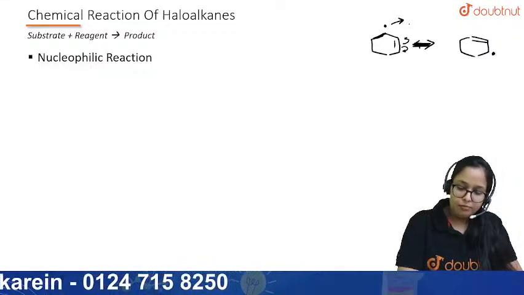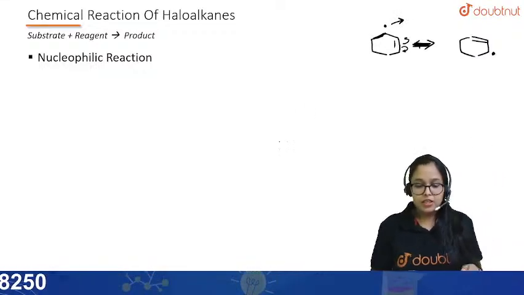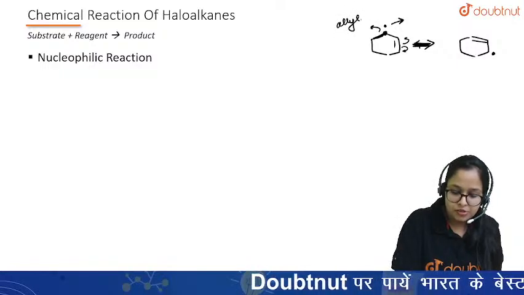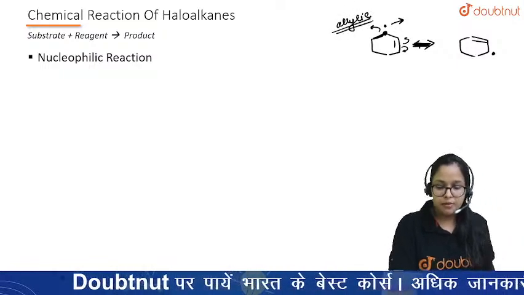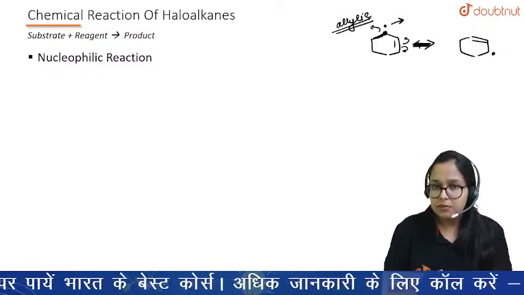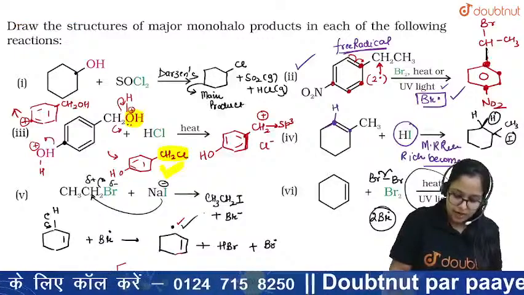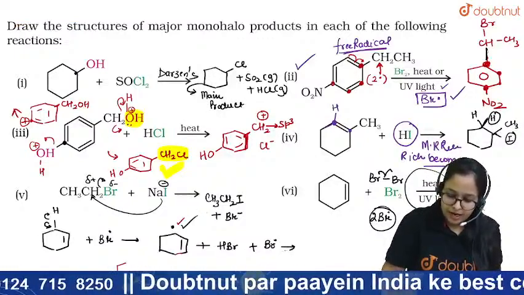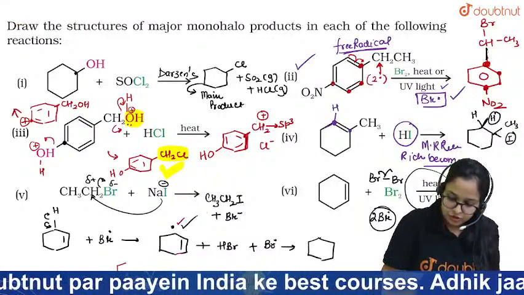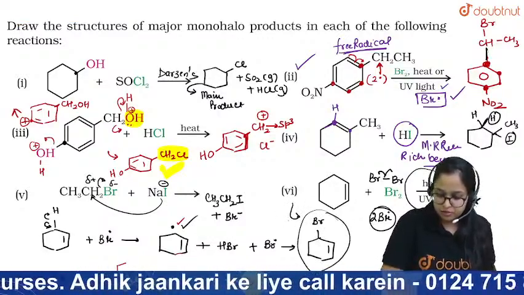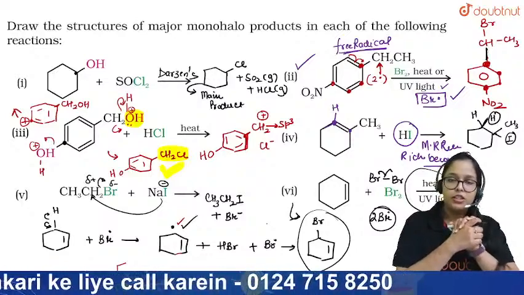This radical formed here is very stable. This is known as an allylic radical, which is just adjacent to the double bond. Allylic radicals are stable because they are in resonance with the double bond. So a stable radical is formed here. The remaining Br radical attaches itself to this radical and forms this as the major product. So this is the major product of your sixth part.